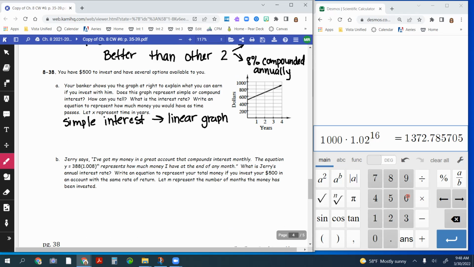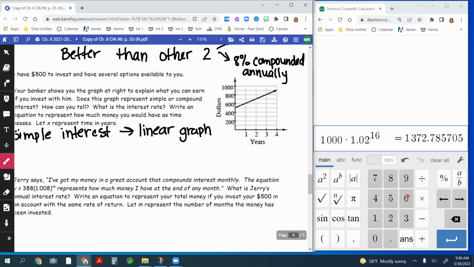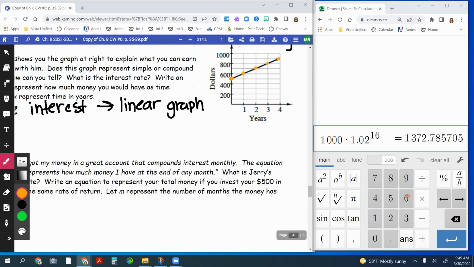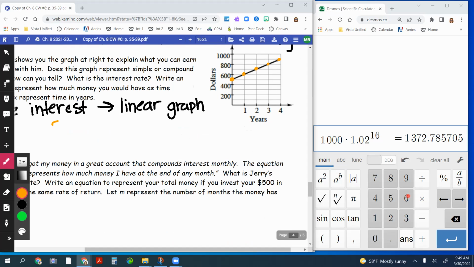What is the interest rate? Okay, so when we zoom in on this, we're starting at $500. And then after a year, we're at 600 and then 700. So we start with 500, and we are adding 100 each year.